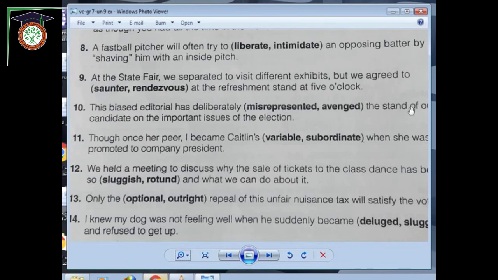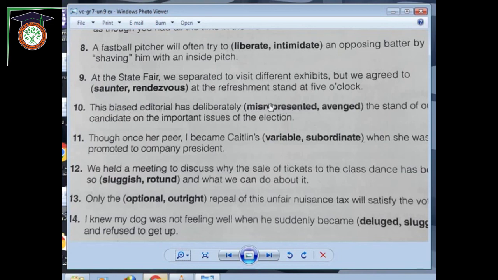Did what? To the stand of our candidate on the important issues of the election. So this biased, unfair, bad editorial, which word can cause some harm to our candidate? Misrepresent or avenge the stand of our candidate. Is this any kind of revenge? No, it's only this biased, unfair writing that will tell false ideas.